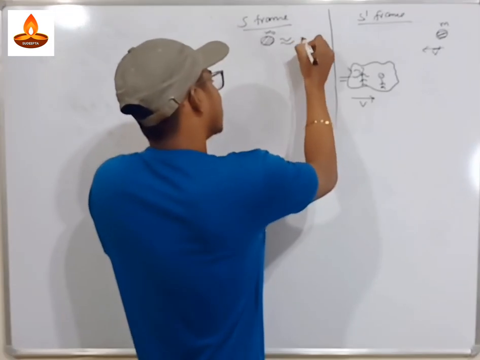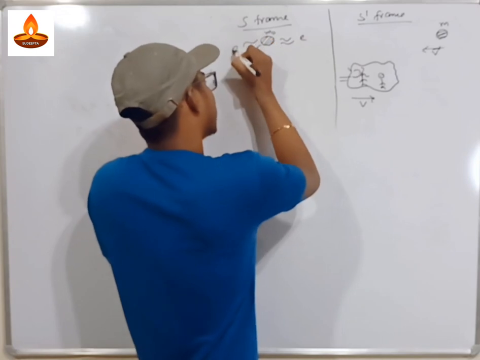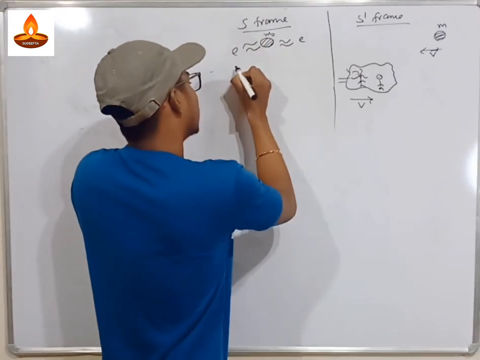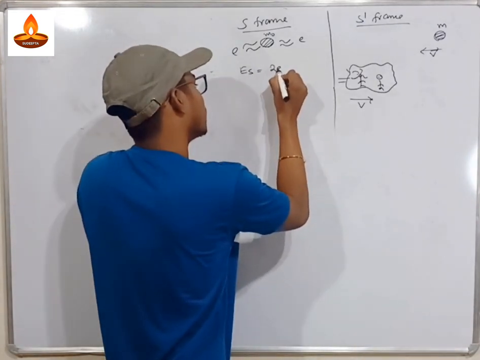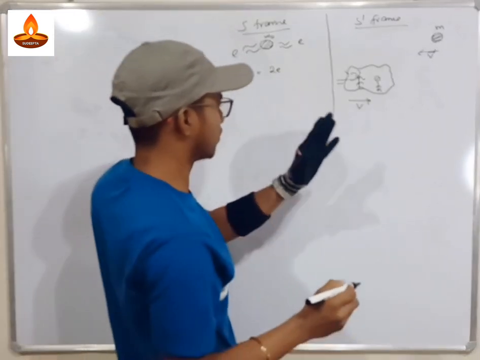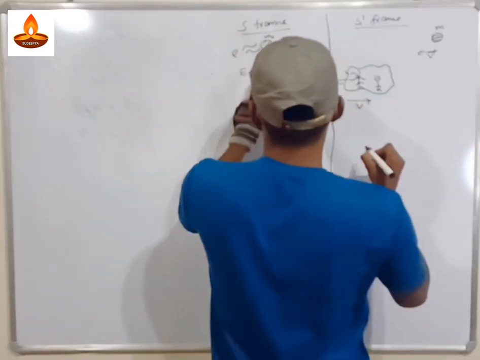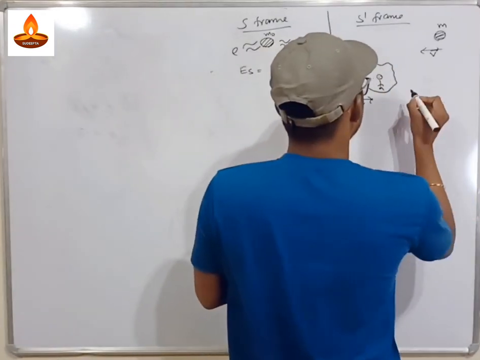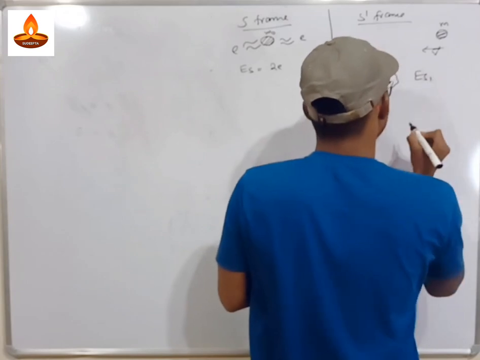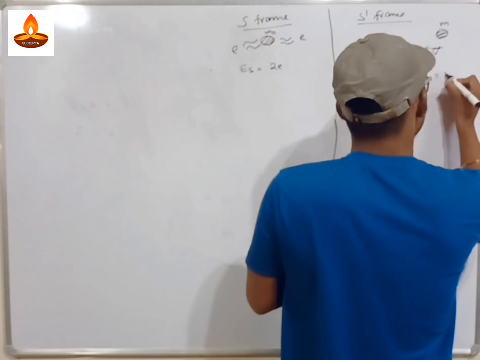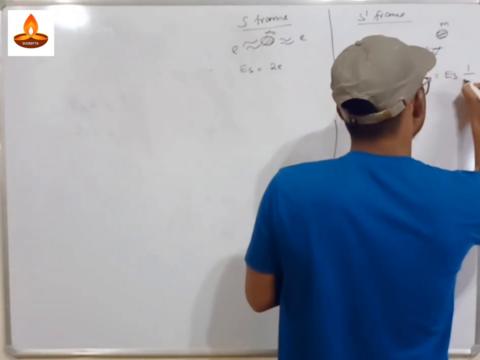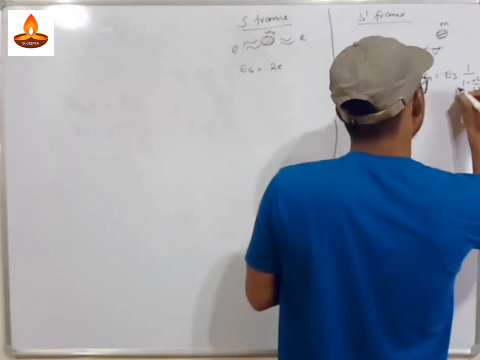It radiates energy, that is small e. So what is the total energy radiation? That is ES, equal to 2E. We see this equation. Here also we have ES dash, the total energy emission. We find the relation ES dash equals ES times the square root of 1 minus v squared upon c squared.